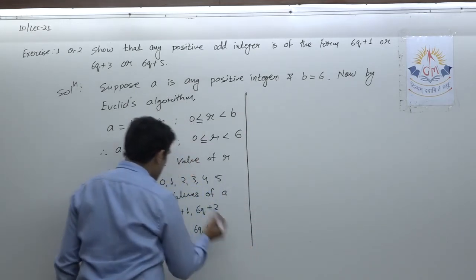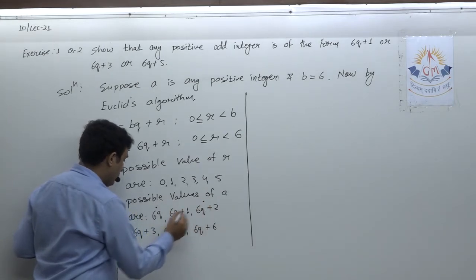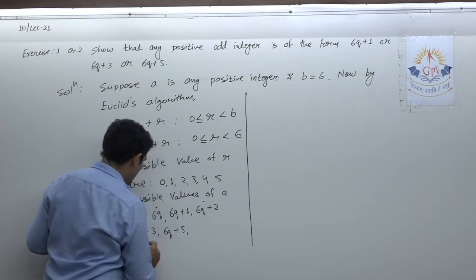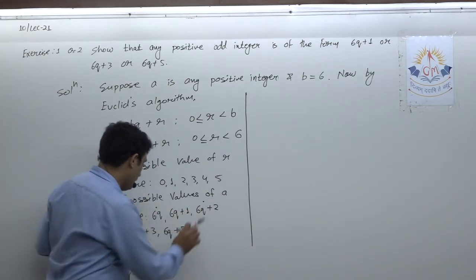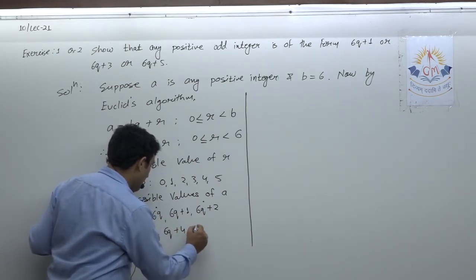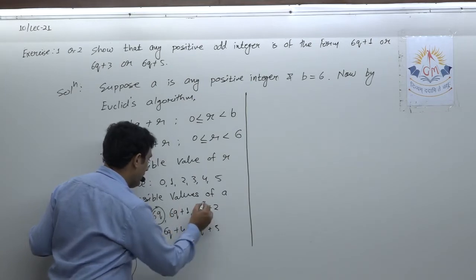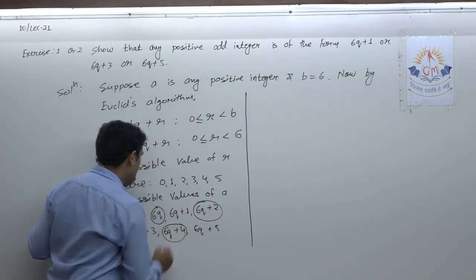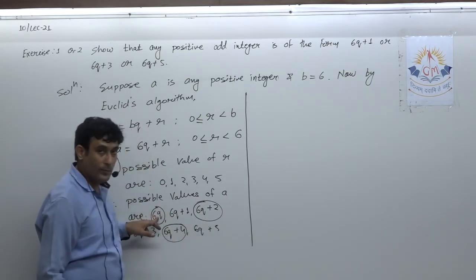Now among these 6 values, take the first one, skip the second, then take the third, skip the fourth, then take the fifth. These are simply divisible by 2, isn't it? 6q is divisible by 2.